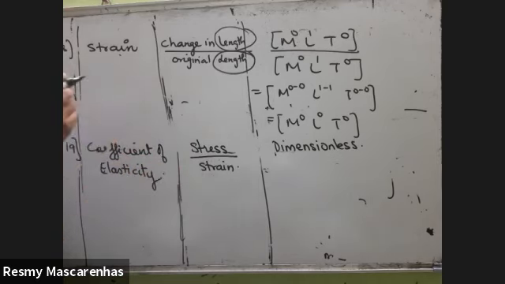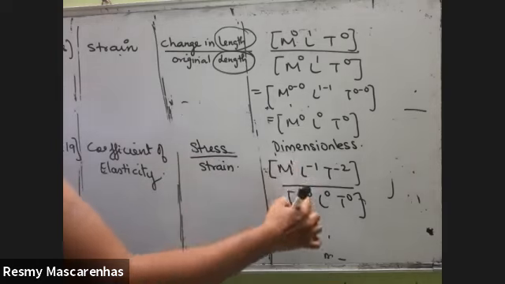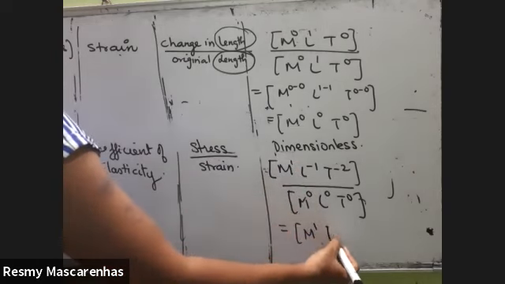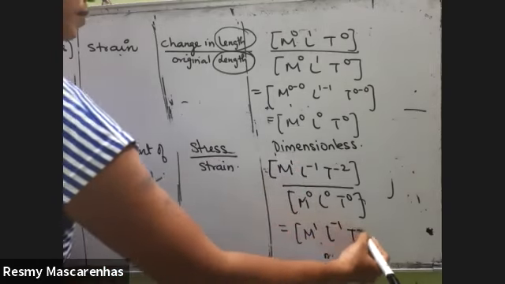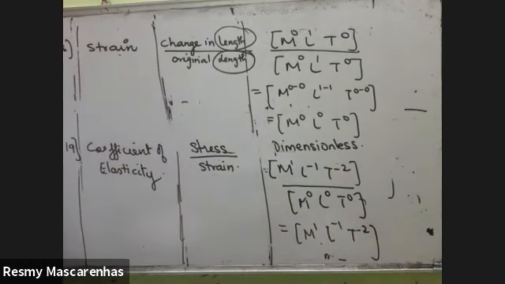Whether you substitute this or not, it will not make any difference on your calculation because all are anyway 0. So it will remain the same because 1 minus 0 will be 1. And therefore the unit will be the same as stress only, Newton per meter square.